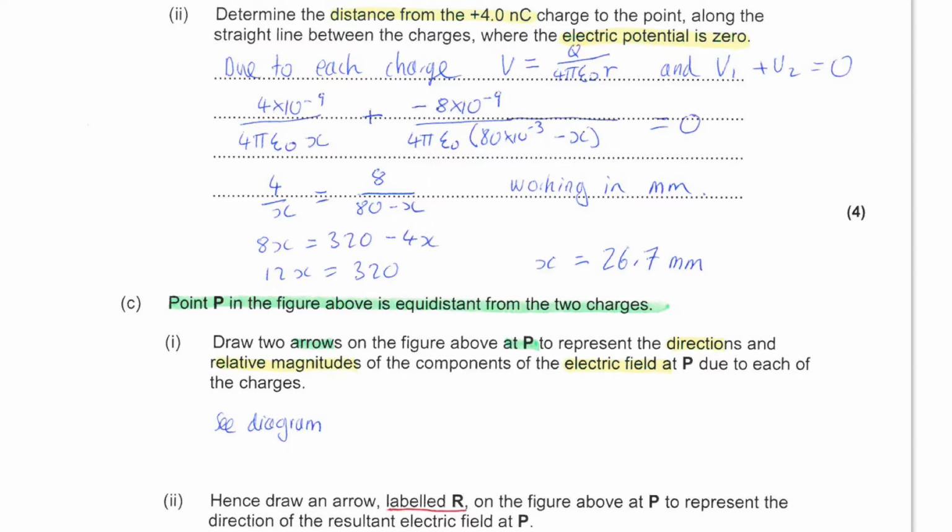So the potential due to each of the charges is simply added together, and we know that the combined effect is 0 potential. So we don't need to take into account any considerations of direction here. As I said, potential is a scalar quantity. However, the charge values do still have a sign.